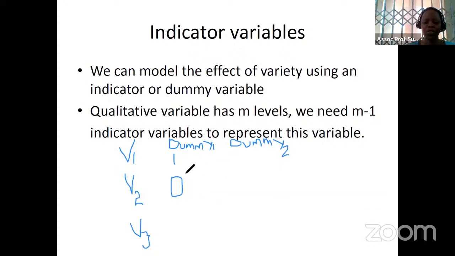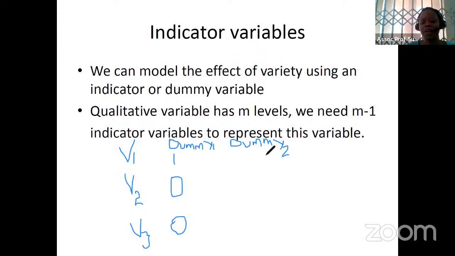The first dummy variable is that if variety equals V1, then the code is 1, otherwise 0. That means anything that is not V1 is going to be 0, so even V3 is going to be 0.